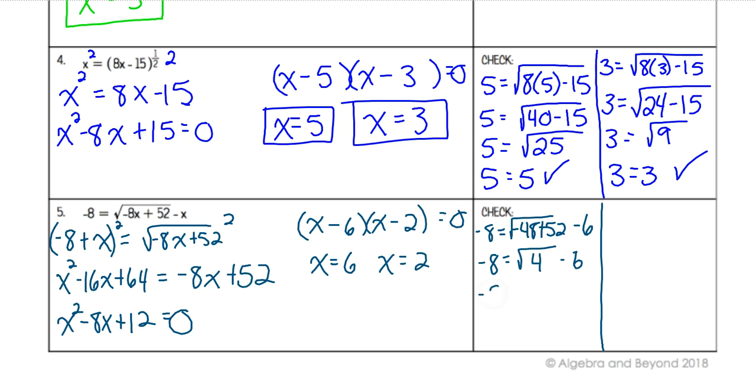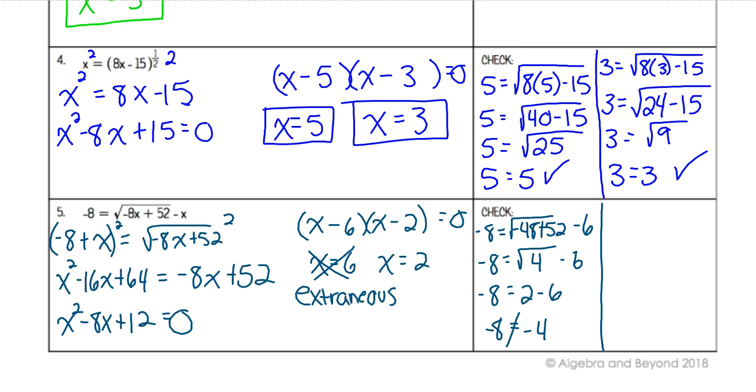So that, square root of 4 is 2. 2 minus 6 is negative 4. That does not equal negative 8. So that tells me that 6 is an extraneous solution.